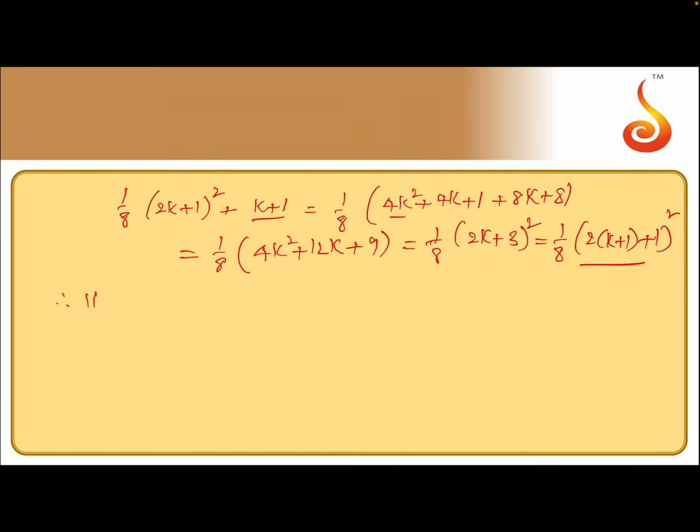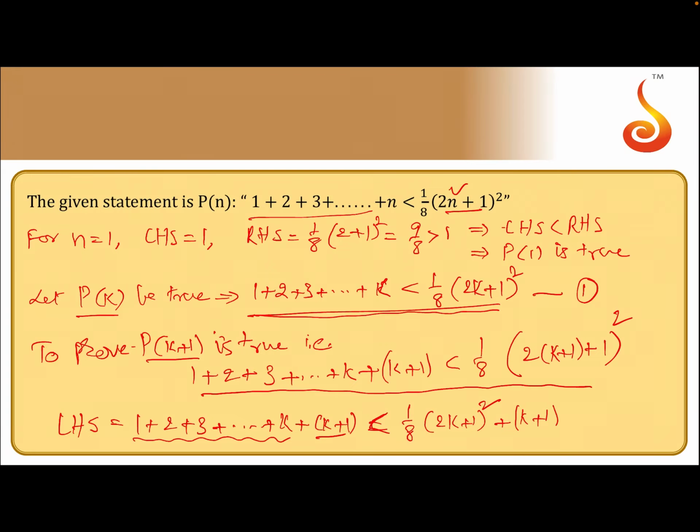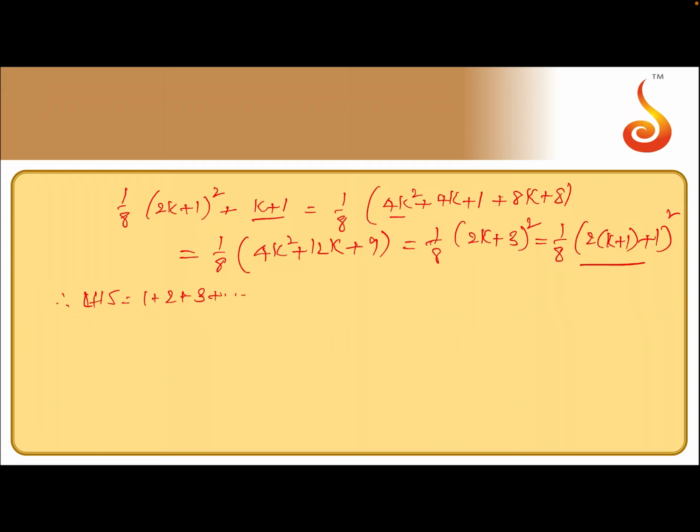Therefore you got LHS equal to 1 plus 2 plus 3 and so on, that is nothing but this particular part, and that part is less than 1 by 8 times (2 into (k plus 1) plus 1) whole square.